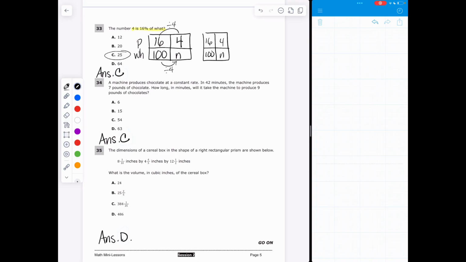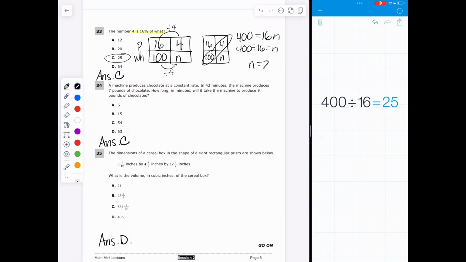You would just get 400 is equal to 16 times a number, and then you would rewrite this as a division problem. 400 divided by 16 will give me that number, and then you would just use a calculator for that, and you get 25. Same thing.